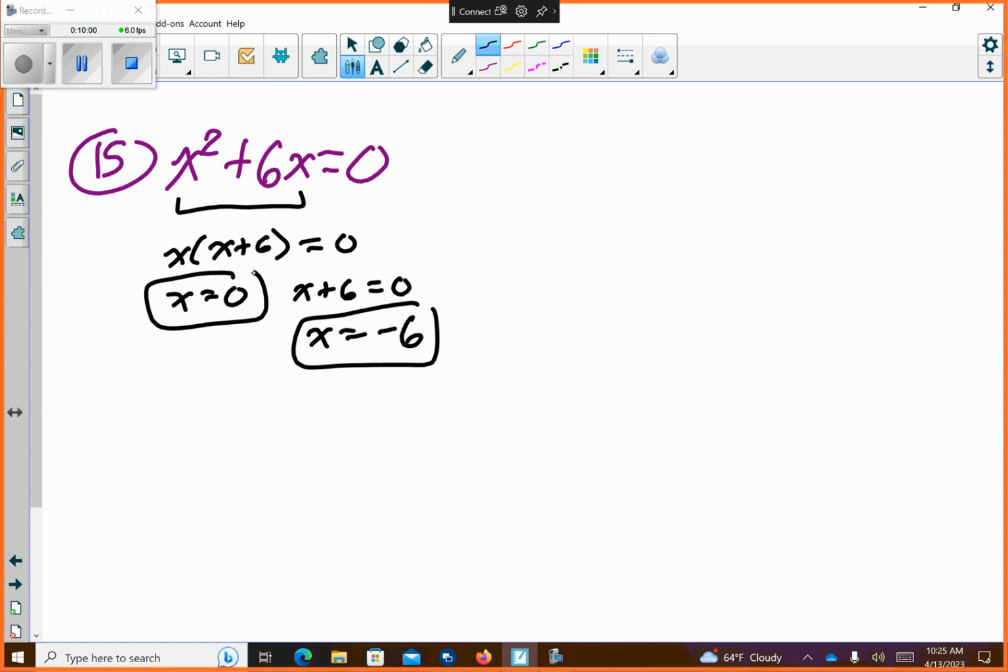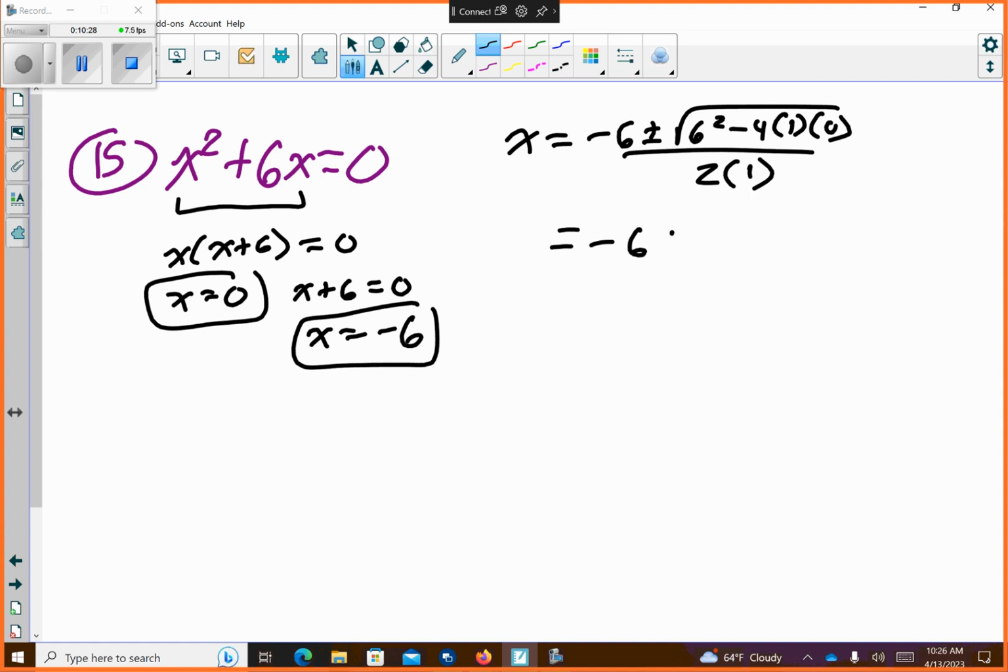Okay? If I did the quadratic formula, x equals negative b plus or minus square root b squared minus 4ac all divided by 2a. I've just done more work putting it into the quadratic formula than it was even to finish it out.